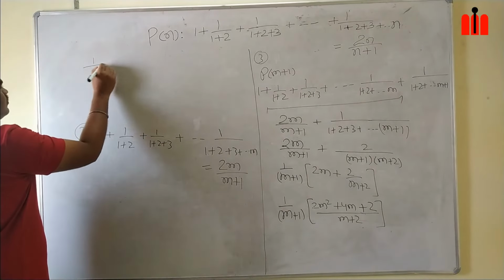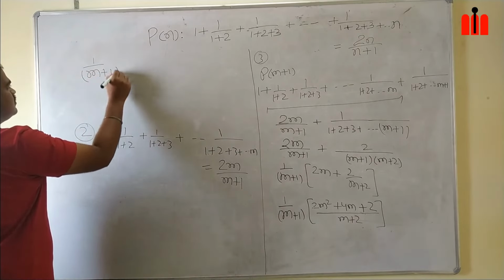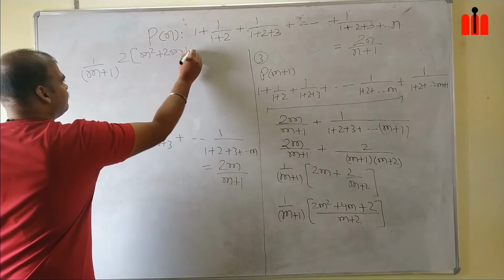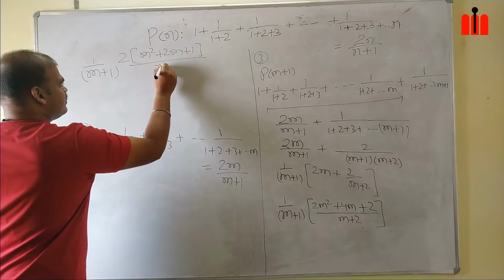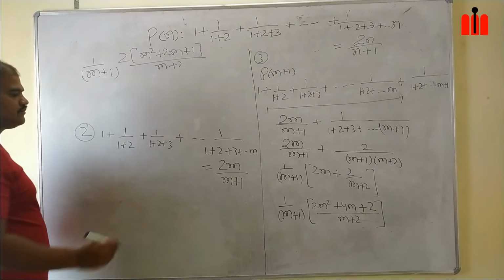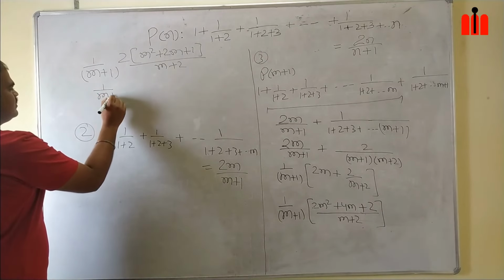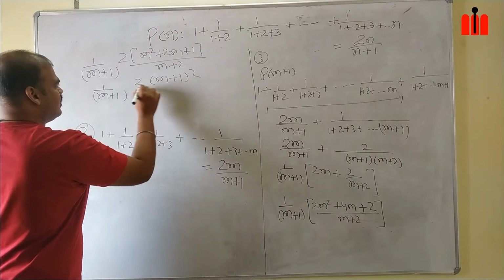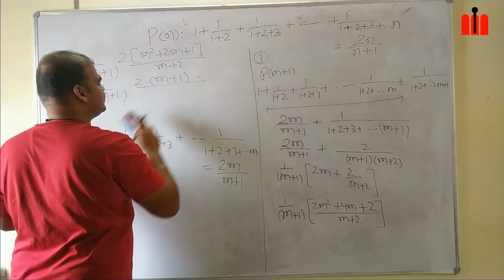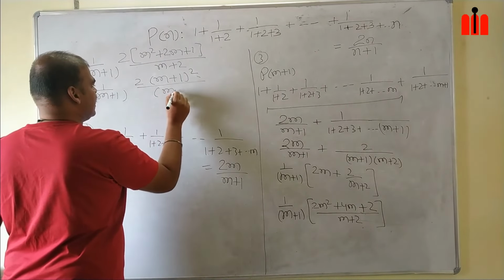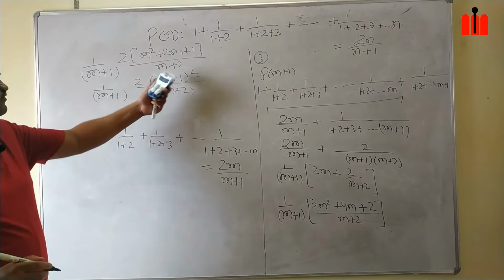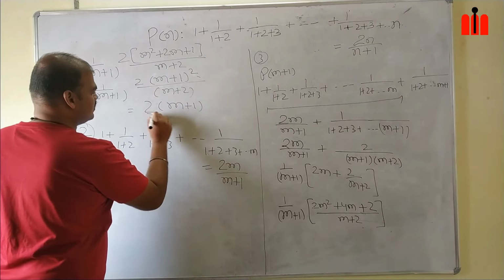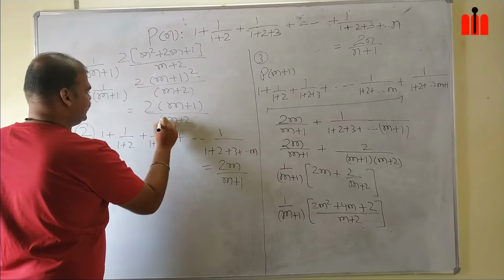It will be 1/(m+1) times 2(m+1)²/(m+2). Now one (m+1) will get cancelled. So your final answer will be 2(m+1)/(m+2).